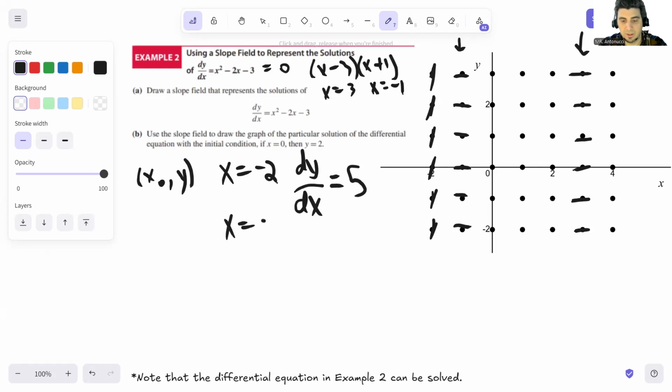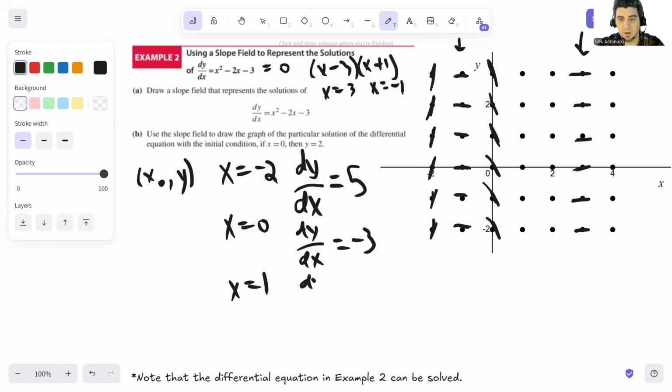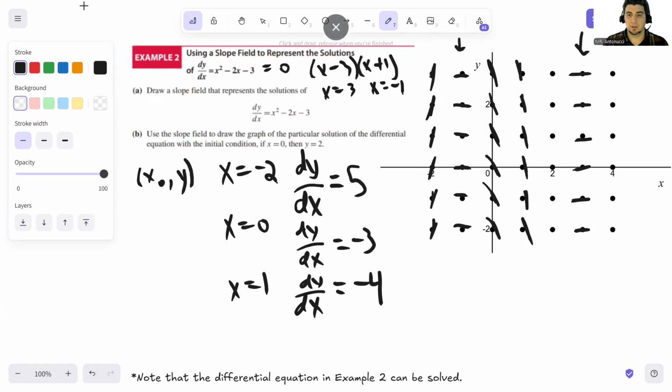If x equals 0, dy/dx equals -3. So you're going to have a steeper negative slope here. Okay. If x equals 1, then dy/dx equals -4. So they're going to be even steeper, like that. And then if x equals 2, dy/dx equals -3.